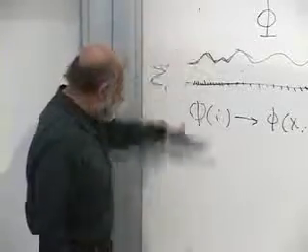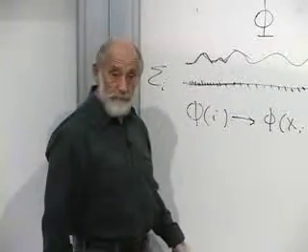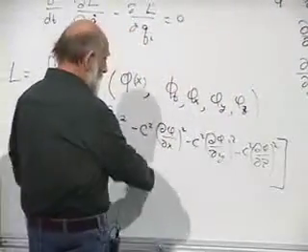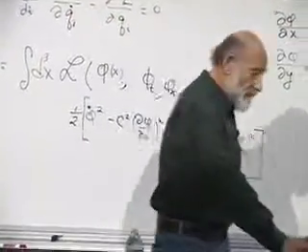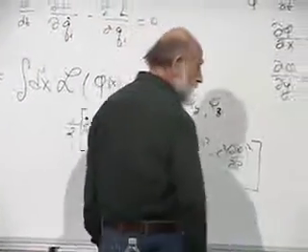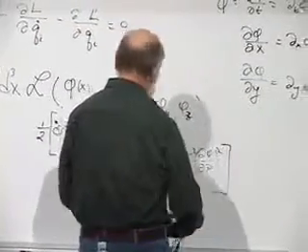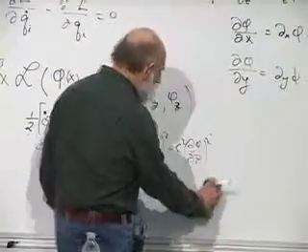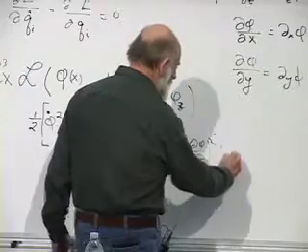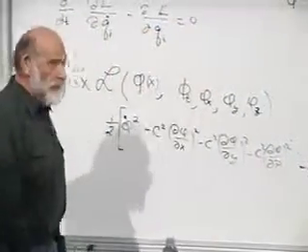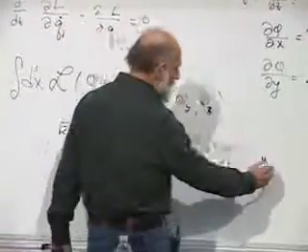For example, if the whole thing was in a gravitational field, then we might put into here something which depends on phi. Not d phi by dx, not d phi by dt, but possibly just phi itself. So there might also be dependence on phi. Let's put some dependence on phi in here. A nice simple example would be minus some constant, I'll call it mu, and I'll put a 2 there for purely conventional reasons, times phi squared.